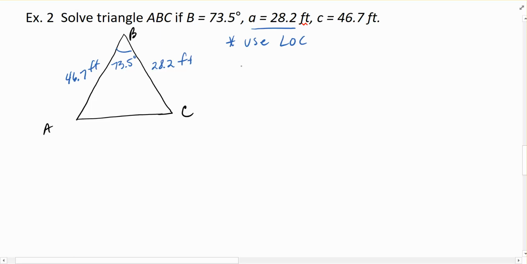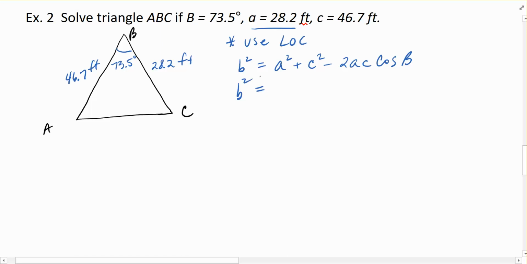So the law of cosines for that says if I have side B squared, that's got to be equal to side A squared plus C squared minus 2 times AC times the cosine of angle B. So we're going to plug in our information into this and into my calculator. I'm going to make sure that I take the square root, but let's just write it all out.